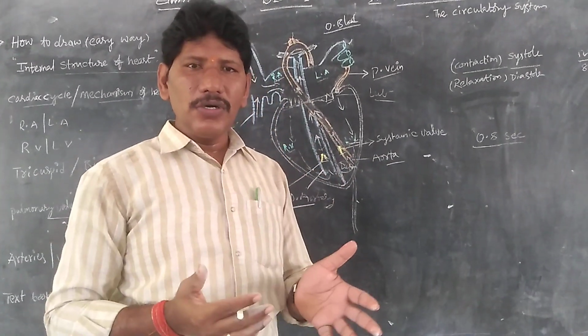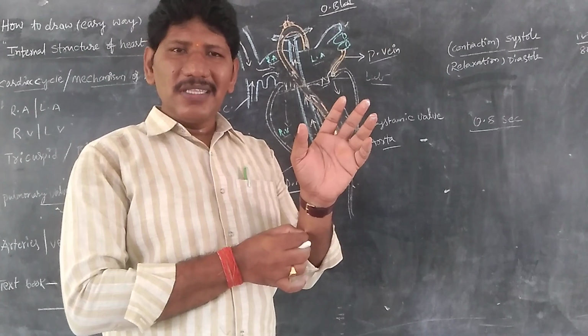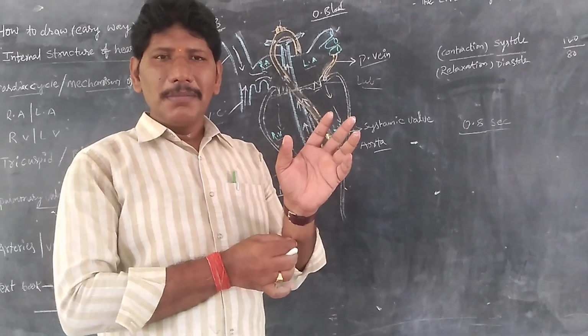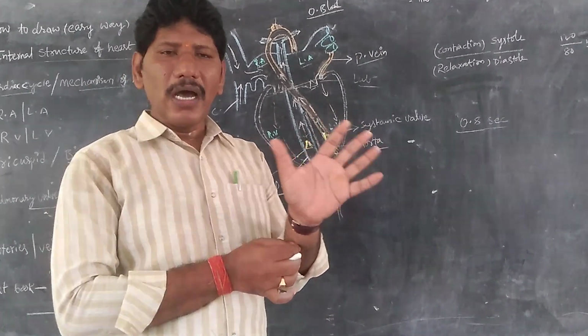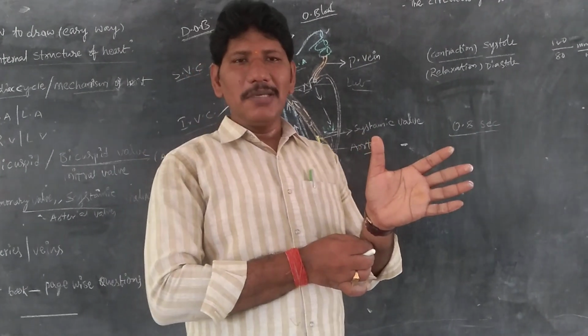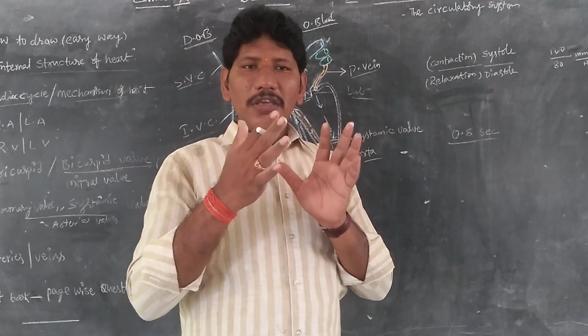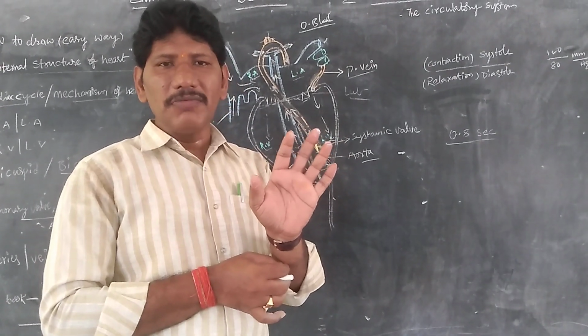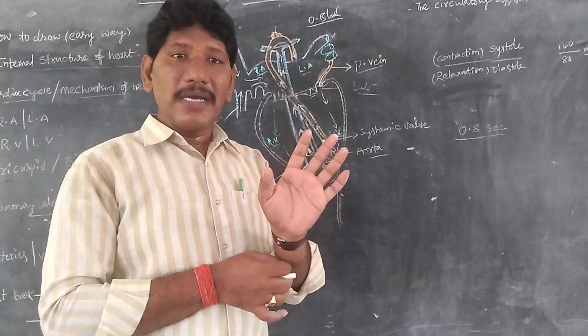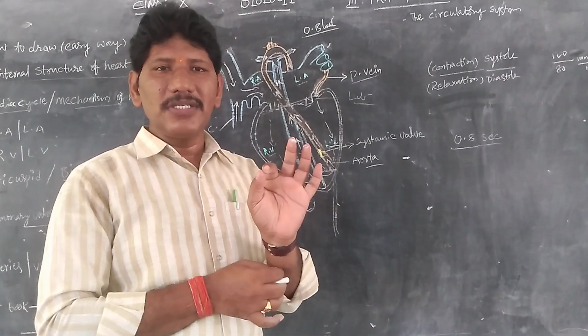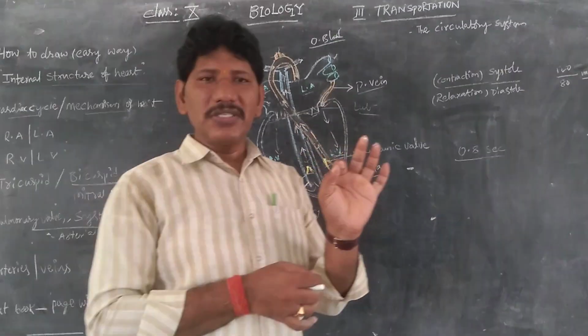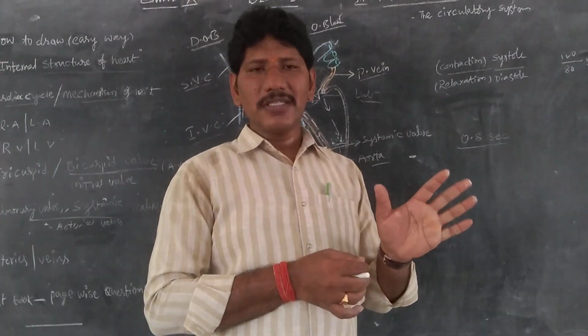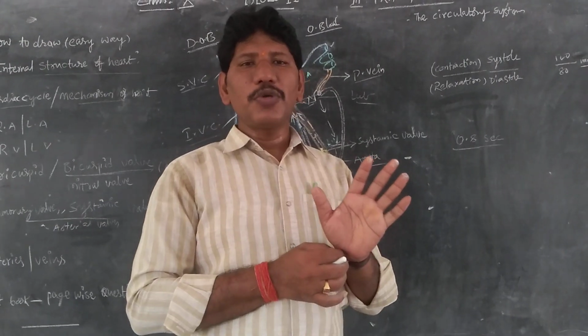The veins are subcutaneous, just beneath the skin, whereas the arteries are deeply seated. If an injury happens and deoxygenated blood is lost, nothing serious happens, but if oxygenated blood is lost it is severe damage, so arteries are always deeply seated.